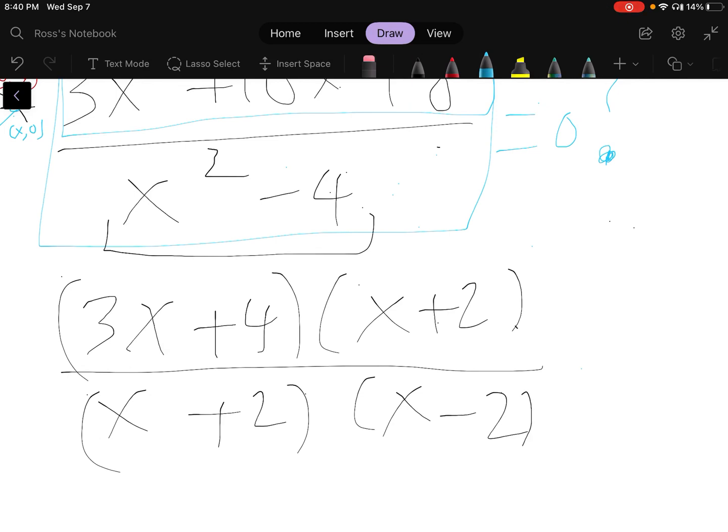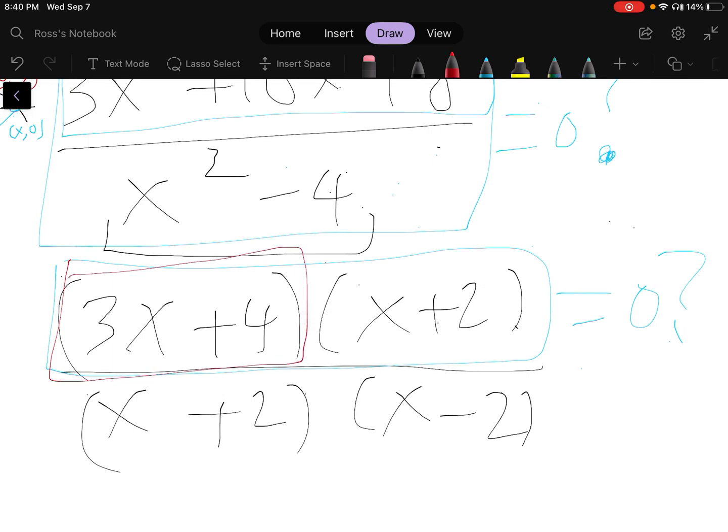My question is, when does this equal 0? Because of the zero product property, which says that if you multiply by 0, you get 0, I just need to know when this is 0 and when this is 0. When one of those is 0, I'll get 0 as an outcome.